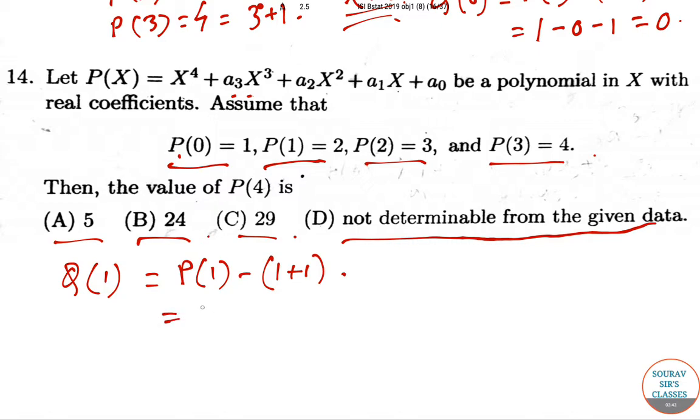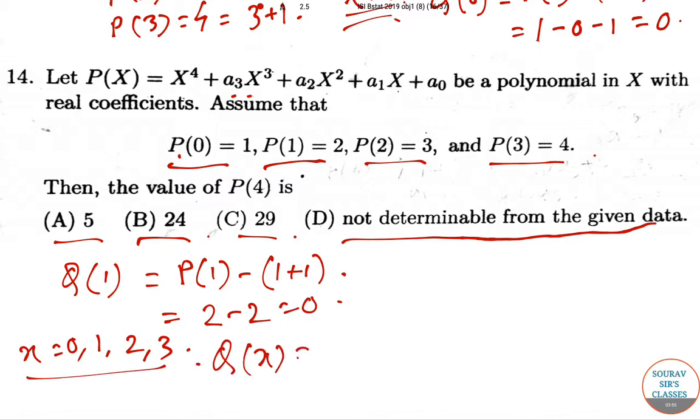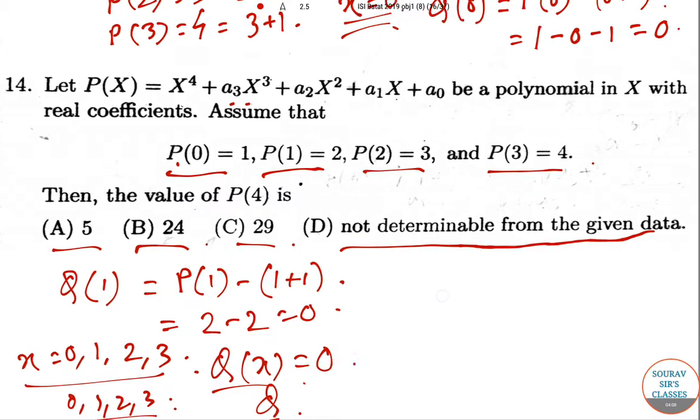It is 2 minus 2 equal to 0. In this way for x equal to 0, 1, 2, 3 we have Q(x) equal to 0. So 0, 1, 2, 3 are roots of polynomial Q.